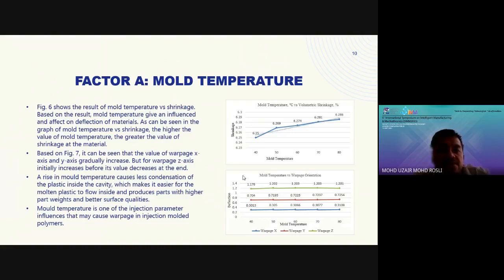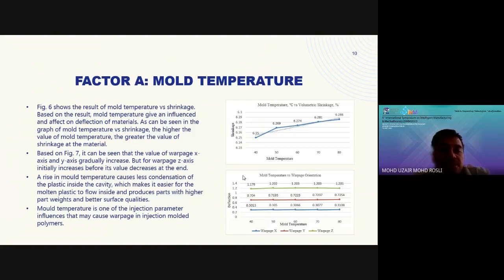Figure 7 is the warpage. At the warpage, the x-axis and y-axis gradually increase, but the warpage on the z-axis initially increases before its value decreases at the end. Okay.